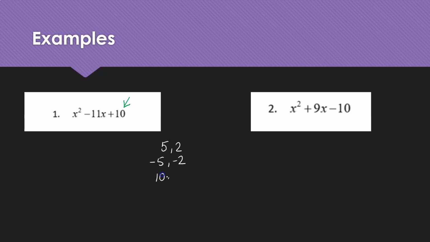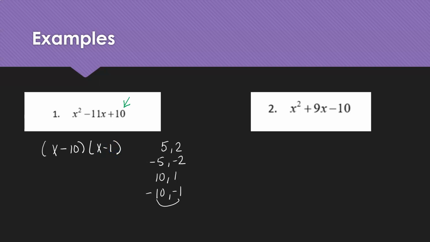So I have 10 and 1, I have negative 10 and negative 1, and there I found it, because negative 10 and negative 1 together equals that center term. So you're going to divide those like this into 2 binomials, and that's factored form.